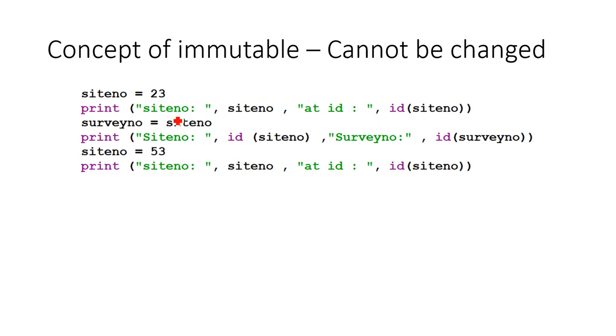Next, we set a reference variable for the site number. The site number is the previously existing variable, and for it we assign a reference variable called survey number. In the same way, we print the survey number.